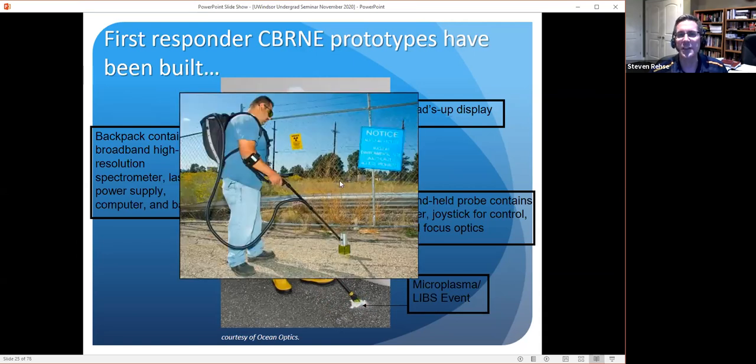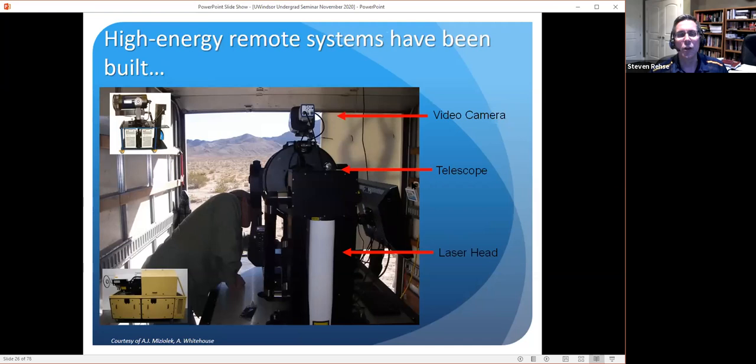Here's another example of a different company's idea for a man-portable LIBS system. You can go man-portable, you can go high energy. A lot of this initial work was done by the military in the United States. So this is a high energy remote system.